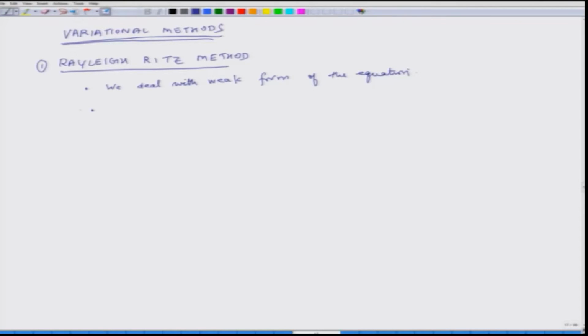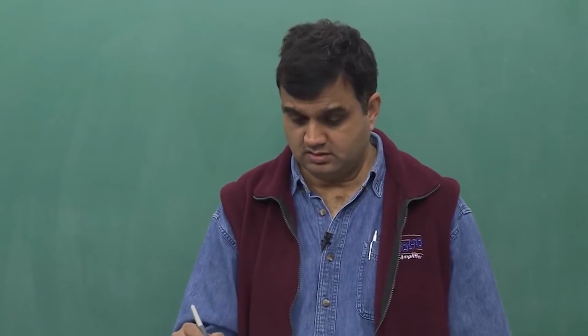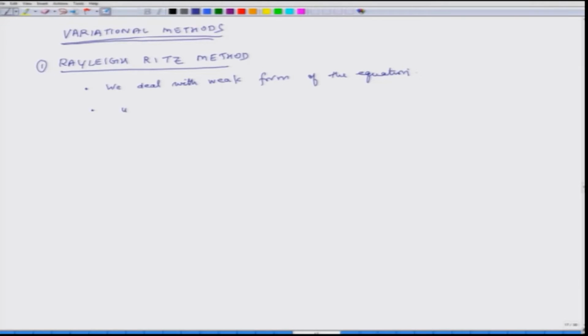Second, when we pick phi's, we pick them in the way that u equals the sum of phi_j c_j, j equal to 1 to n, and these phi's are linearly independent. We cannot pick functions which are linear functions of others.